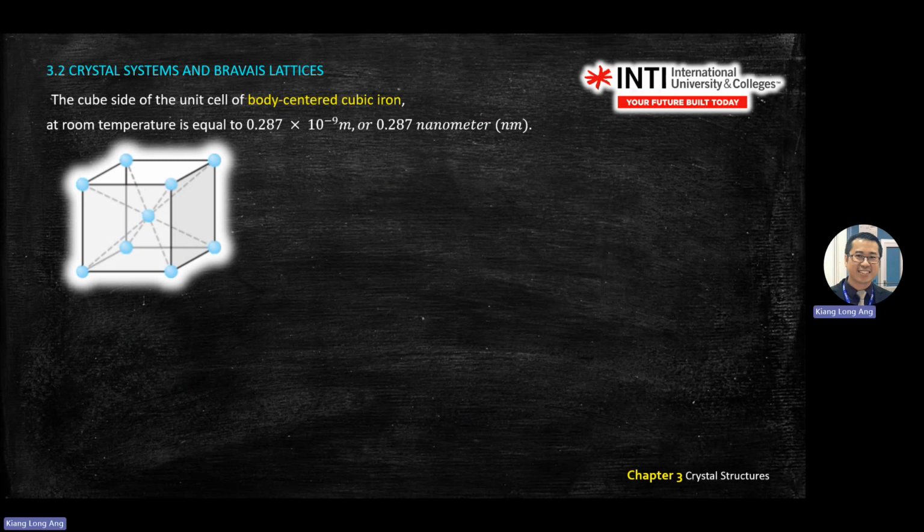At room temperature, the side of this one is iron, BCC iron. We look at iron. Iron is Fe, ferrum. So at room temperature, the side of this one, A, B, C, they are 0.287 nanometer. Okay.